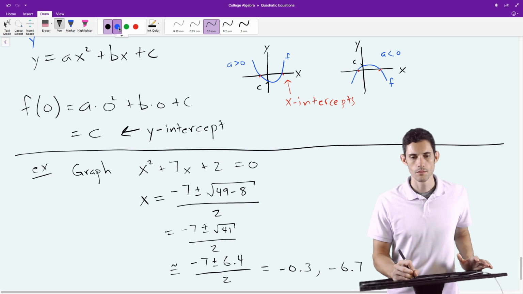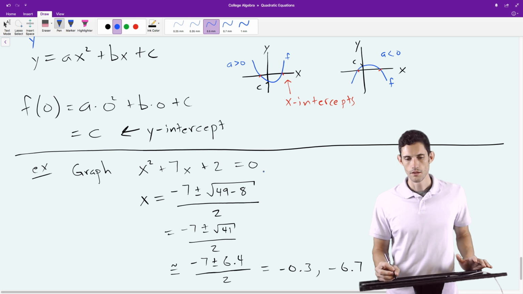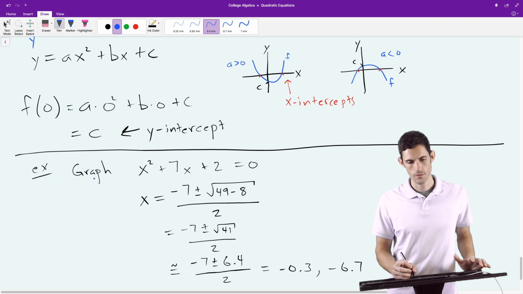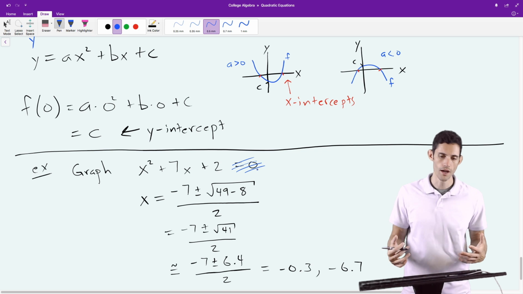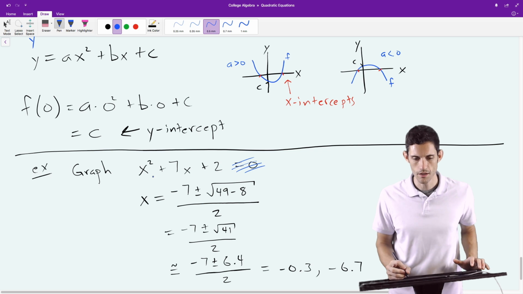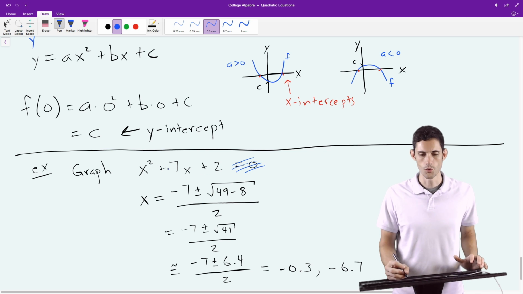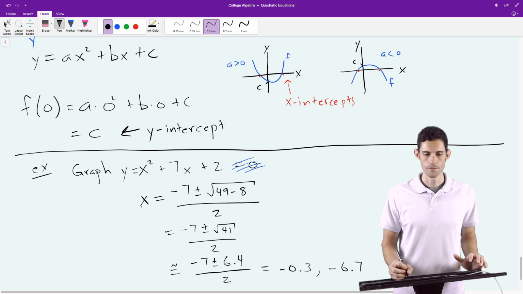Okay, I've kind of misstated this problem. So the problem that I was going for was not graph the equation, but graph this quadratic function. Graph this second order polynomial. You know, graph y equals this thing.